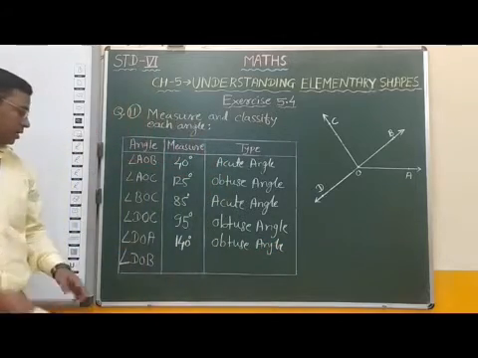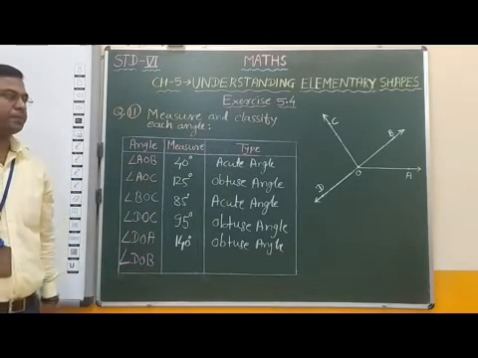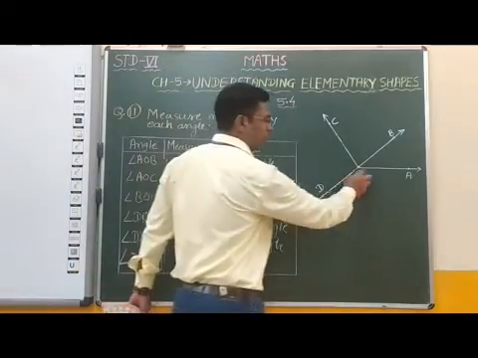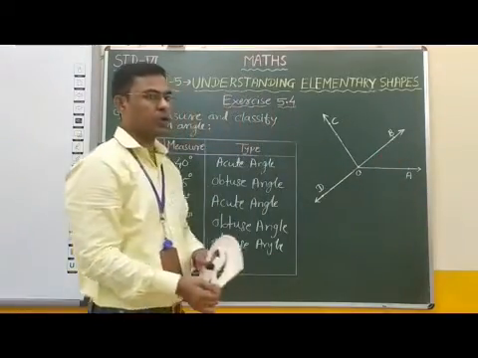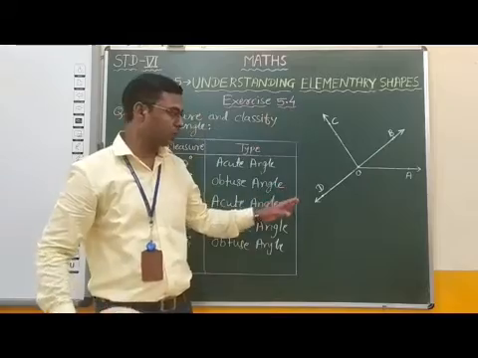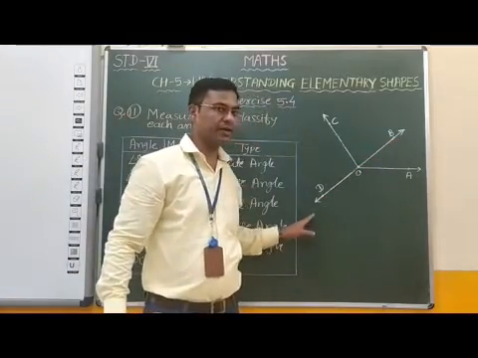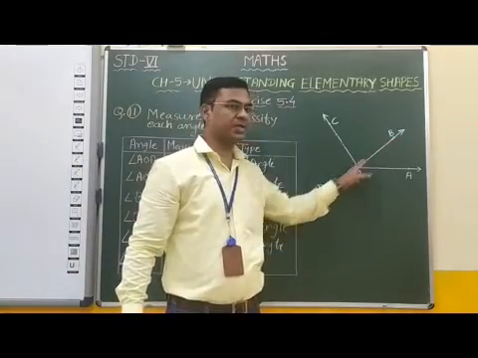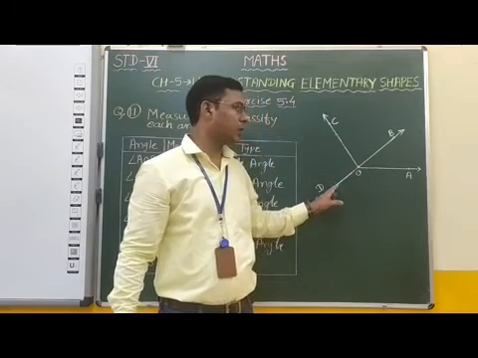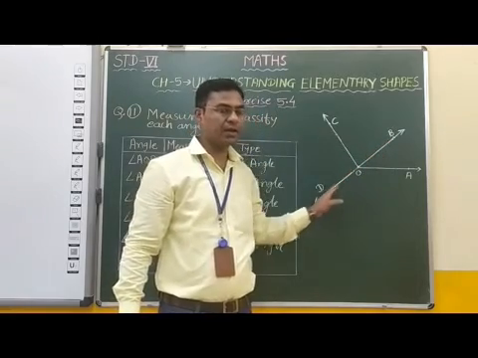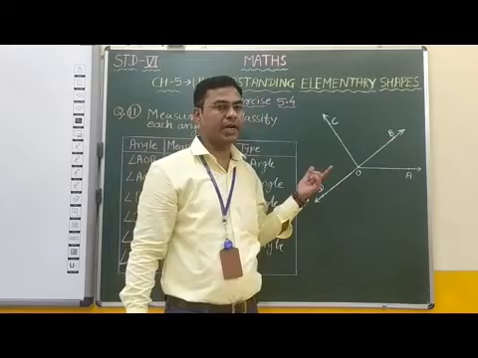Now last, angle DOB. Here there is no need to measure this angle because this is a straight line, and this angle is a straight angle. The measure of a straight angle is 180 degree.